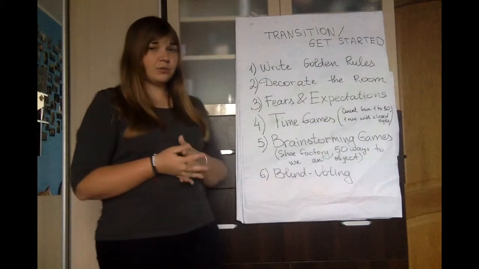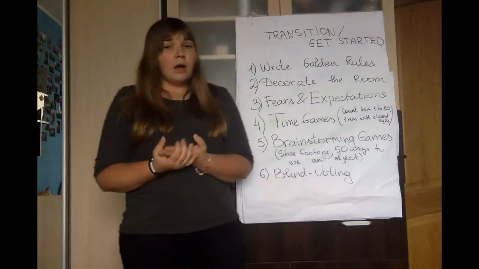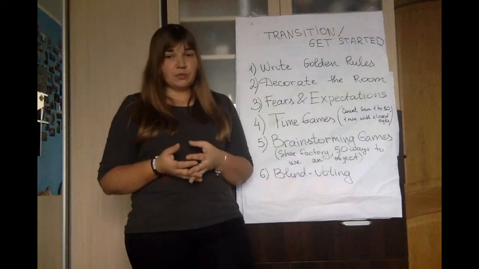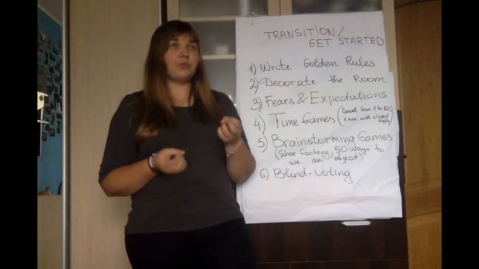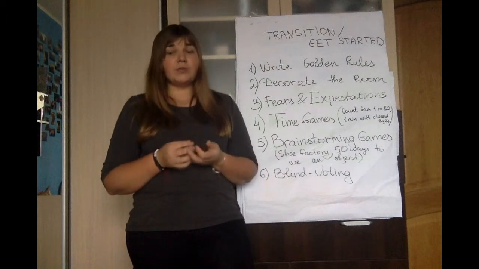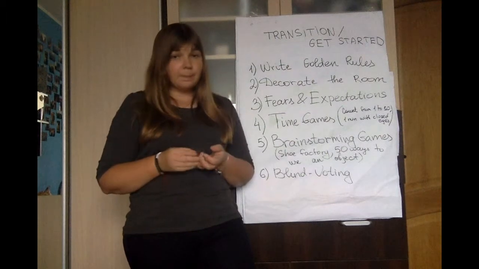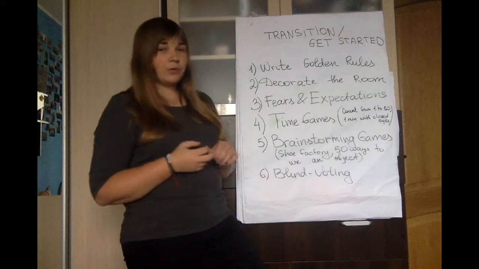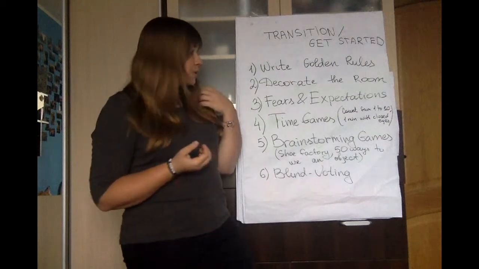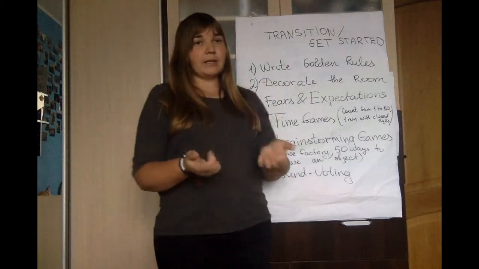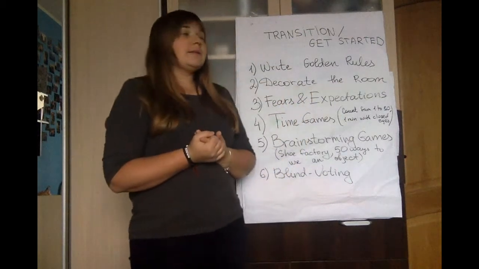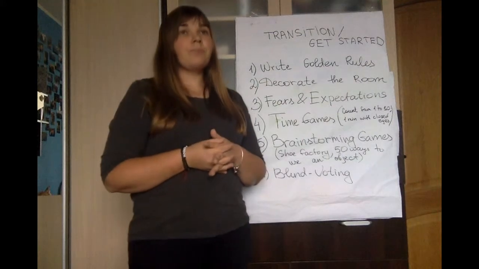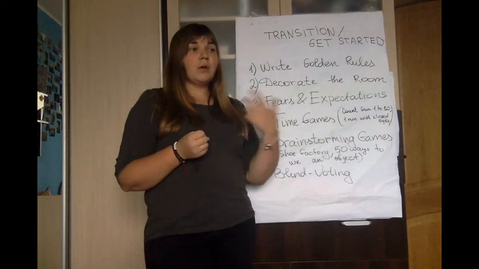The next way is to play time games, which make them understand that time is quite limited during committee work. That's why they need to work very efficiently to use this time wisely. So you can play the game count from 1 to 30, one by one with eyes closed, where all the delegates sit in a circle with their eyes closed, and they need to count from 1 to 30, one by one.